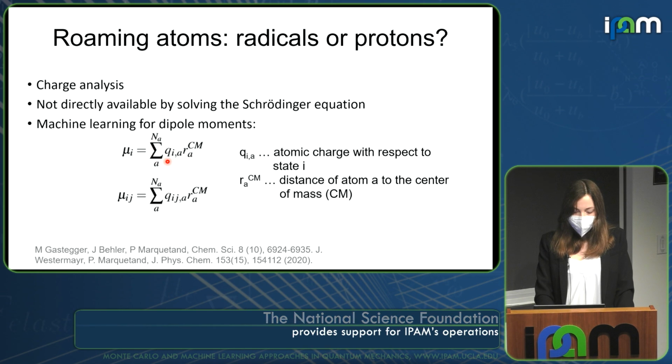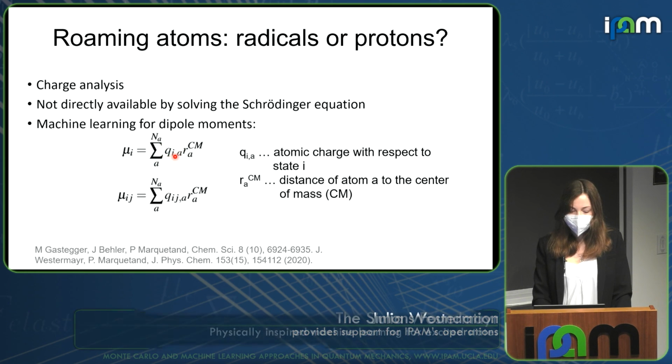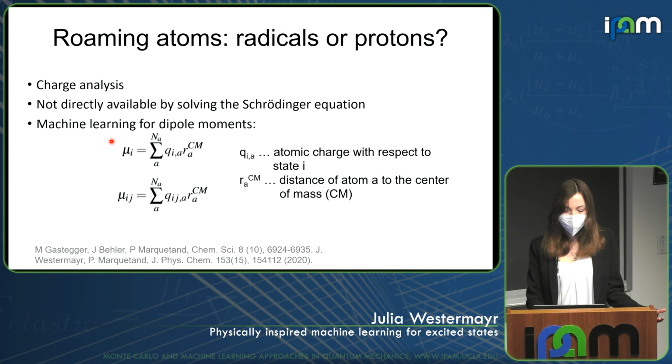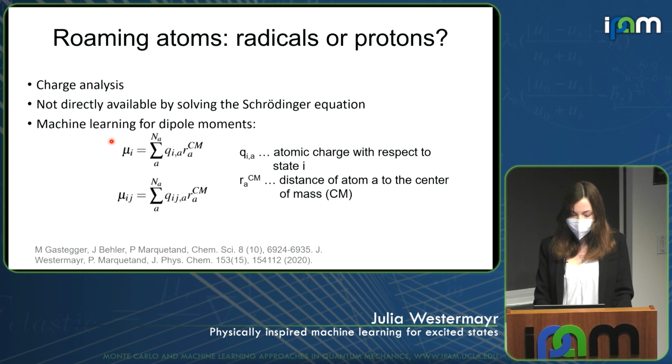What we basically do is learn a dipole moment, but we learn it by predicting atomic partial charges. We know that when we sum the products of these atomic partial charges multiplied with the vector from the center of mass to each atom, we get the dipole moment. So we predicted these charges, but we learned the dipole moments. In this way, we had access to atomic partial charges for the ground state and the excited states, which would otherwise not be possible.